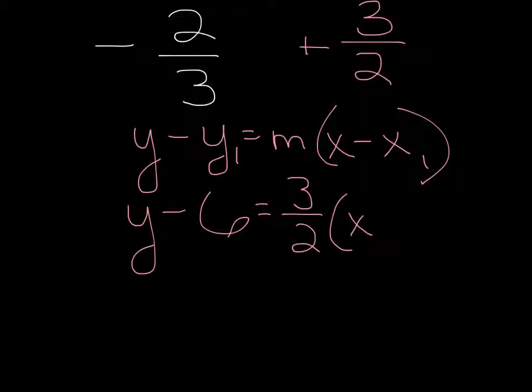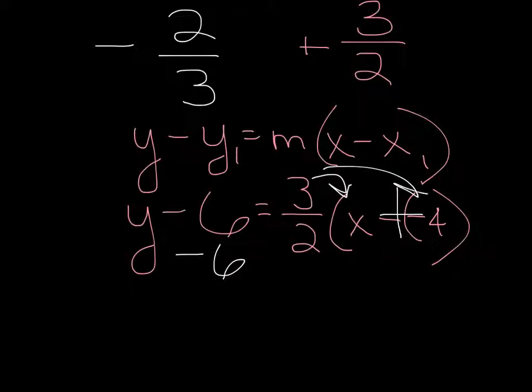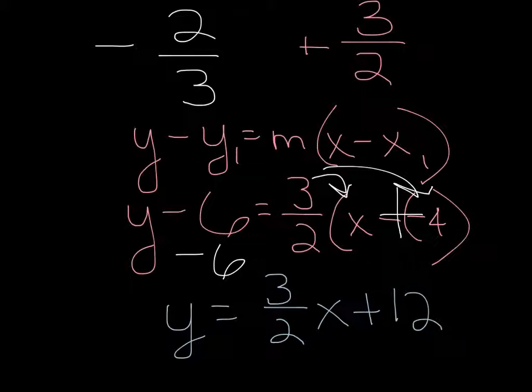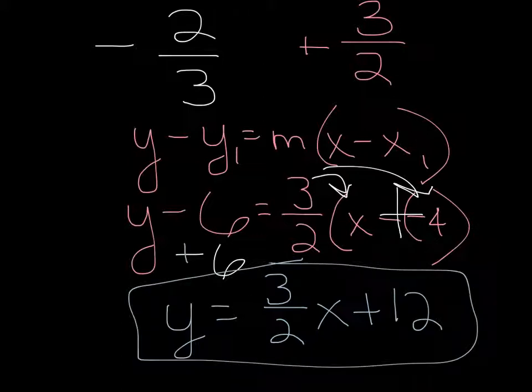Your x1 was -4, making this turn into plus 4. Then you distribute your 3/2 and add 6 to both sides, and your final result is y = 3/2 x + 12.